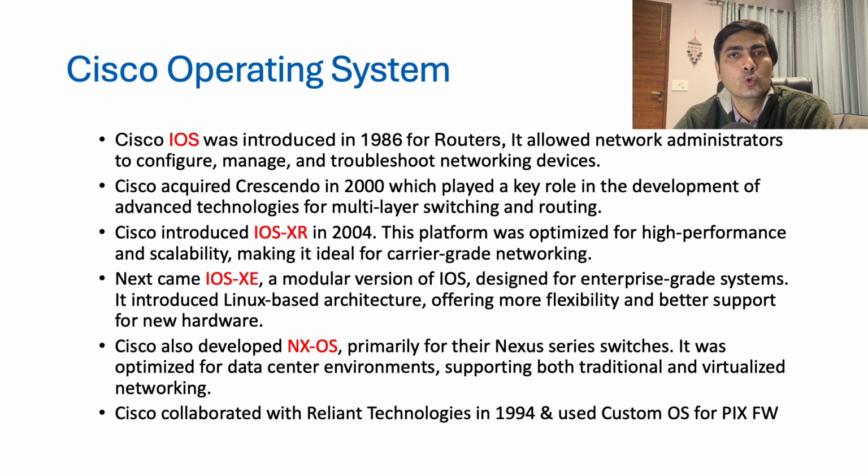That was an issue, because in IOS the memory is allocated in blocks. So if one of the processes is stuck, it will also cause issues with other processes, and that will cause high CPU or poor performance, very weird kind of behavior in the network.